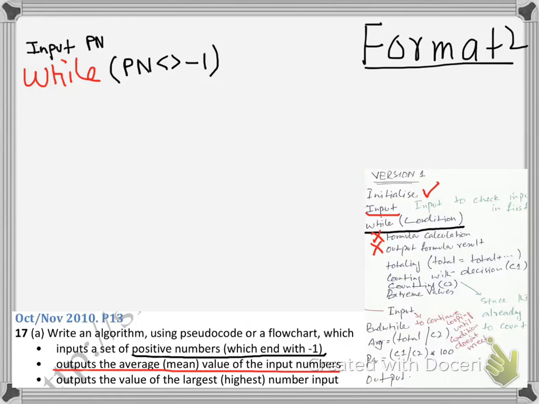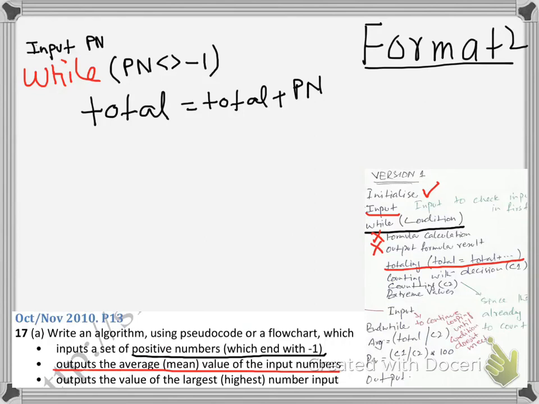Okay, so what we are going to do is this totaling. So total is equal to total plus what? That we have entered, which is positive number. Output the value of the largest.